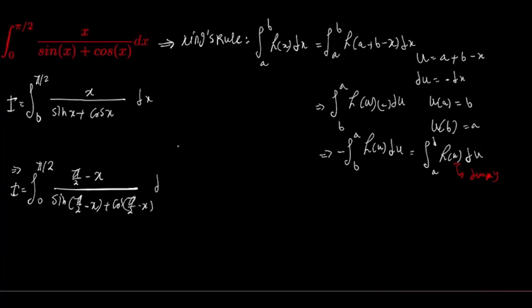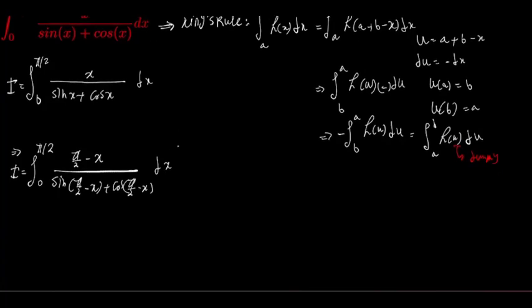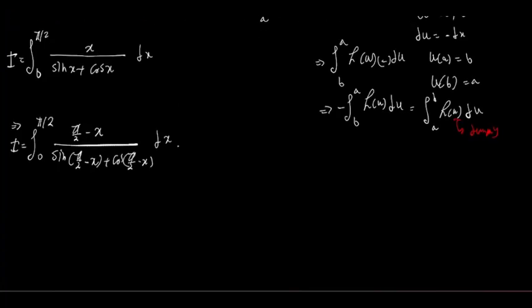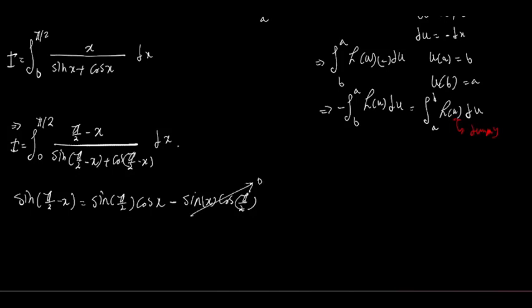Now we have some trig identities to apply, the difference formulas for sine and cosine. Let's see what sine of pi over 2 minus x is equal to. This is equal to sine of pi over 2 cosine of x minus sine of x cosine of pi over 2. We know for sure that cosine of pi over 2 is equal to 0, and sine of pi over 2 is equal to 1. So this is equal to cosine of x. And let's see the other one.